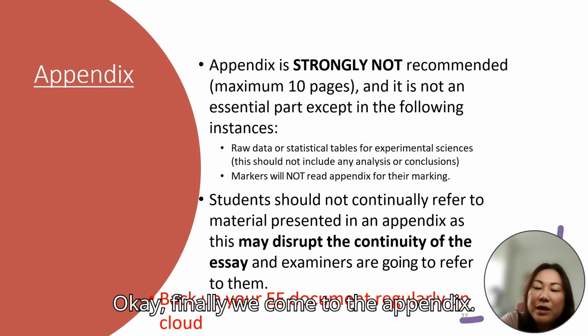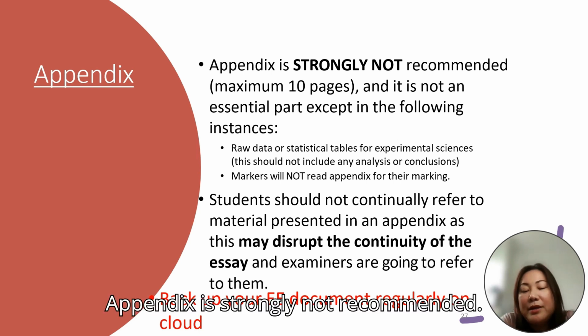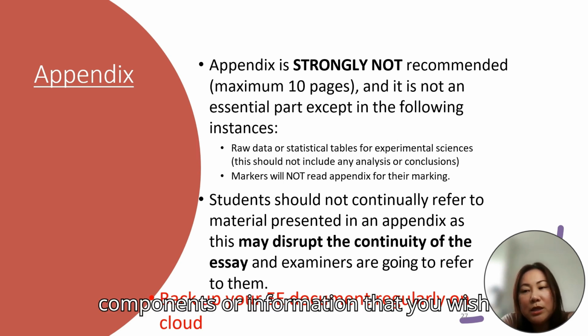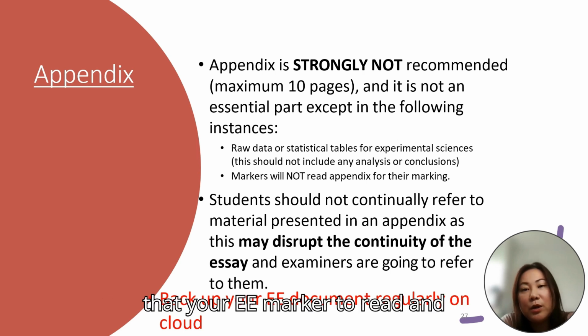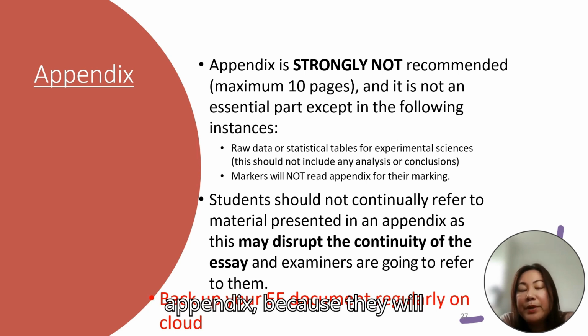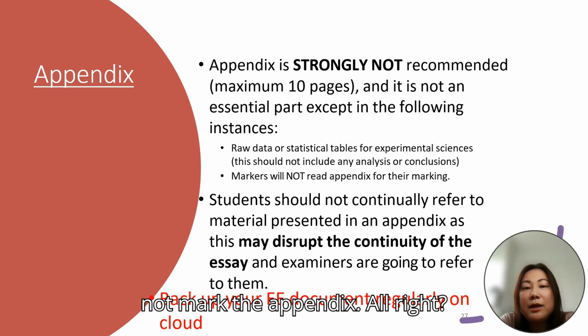Okay, finally we come to the appendix. The appendix is strongly not recommended to go beyond 10 pages. And a gentle reminder again, components or information that you wish your EE marker to read and access should never be placed in the appendix, because they will not mark the appendix.